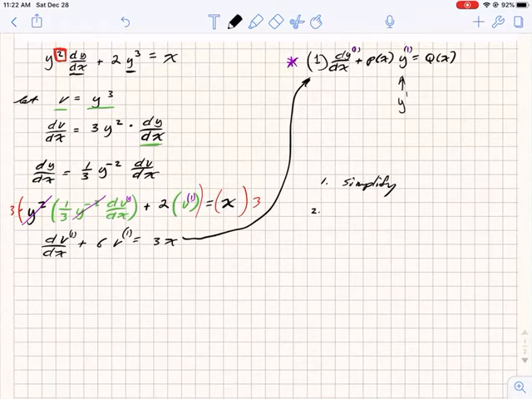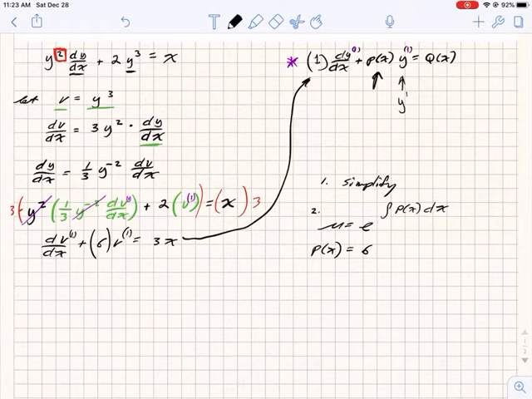Step 2 is we're going to use the mu function to find the equation that we can multiply this differential equation by to do the reverse product rule. So let's identify what p of x is. P of x is the coefficient in front of the dependent variable, and right here p of x just happens to be a constant 6.